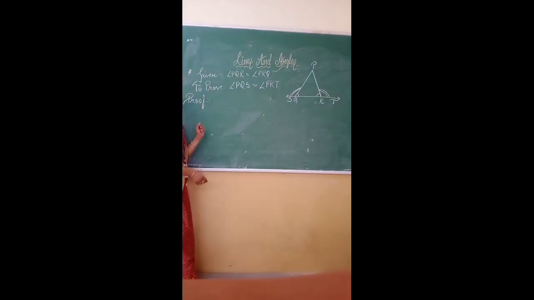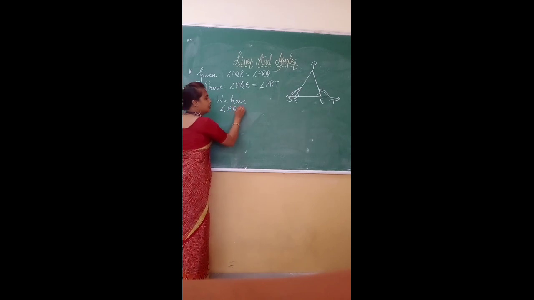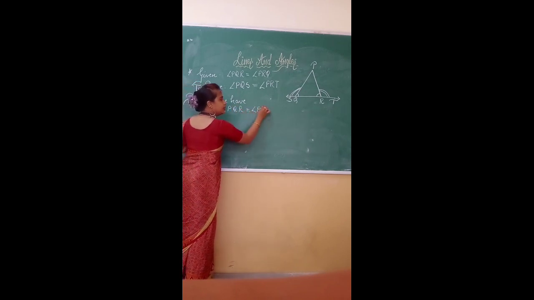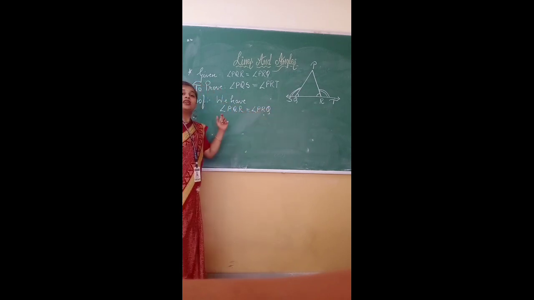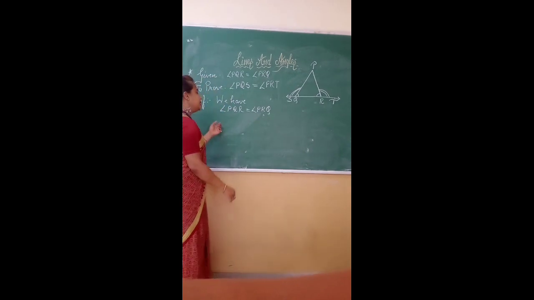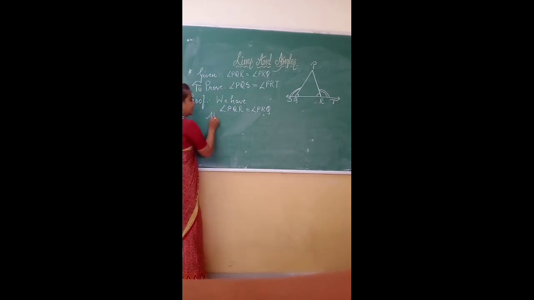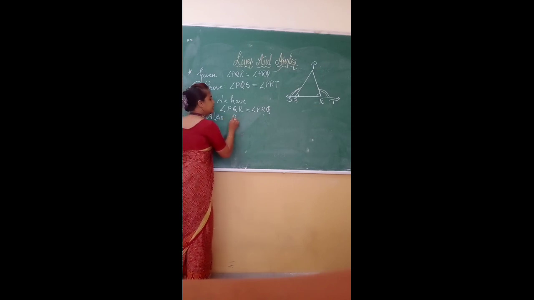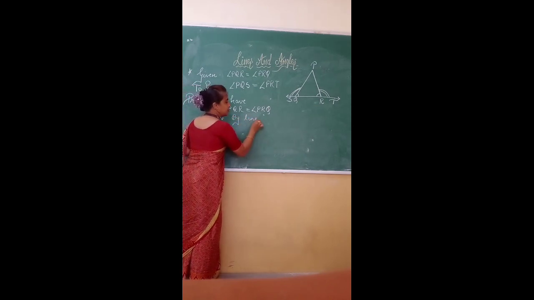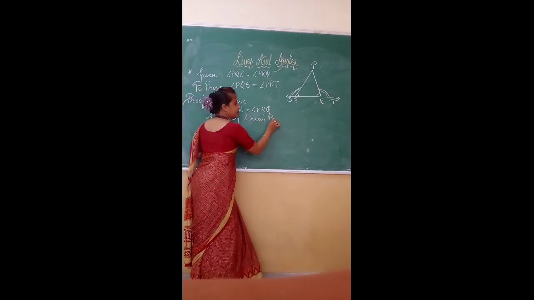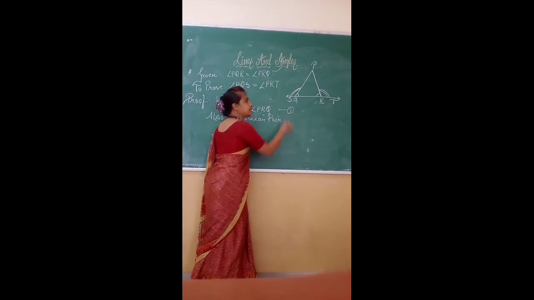First of all, we will start the proof from the given part. We have that angle PQR is equal to angle PRQ. If these two angles are equal, and also we know that by linear pair, what does linear pair say?